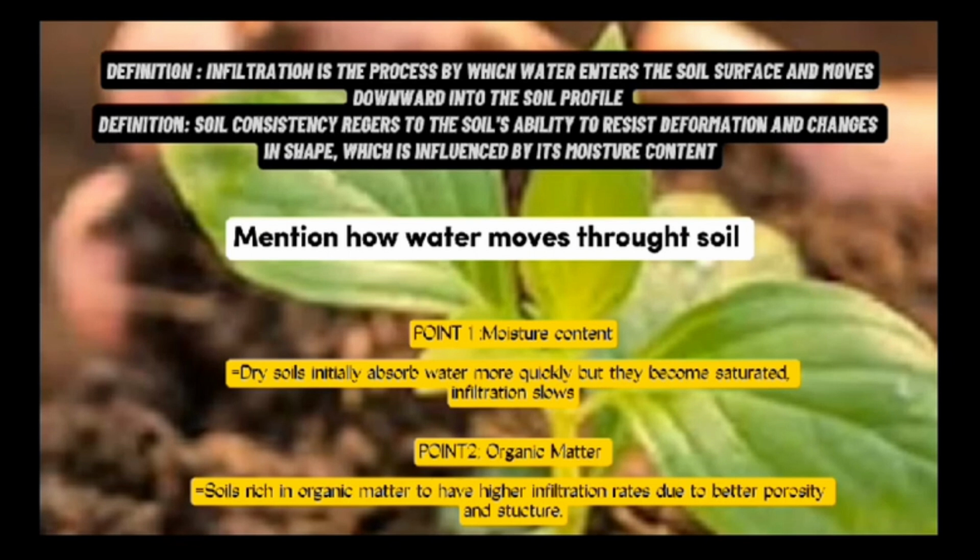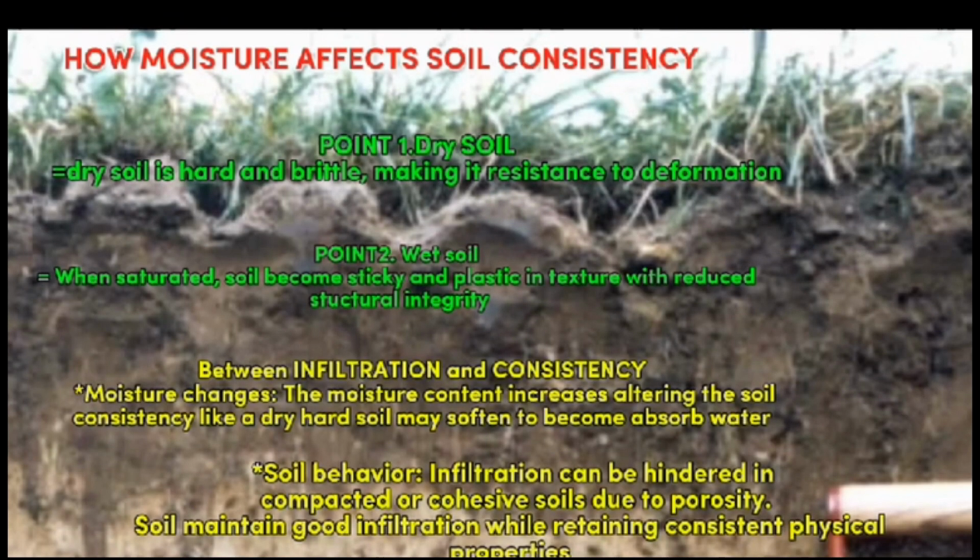Soil rich in organic matter tends to have a higher infiltration rate due to better porosity and structure. Next, dry soil. Dry soil is hard and brittle, making it resistant to deformation. Number 2, wet soil. When saturated, soil becomes sticky and plastic in texture with reduced structural integrity.